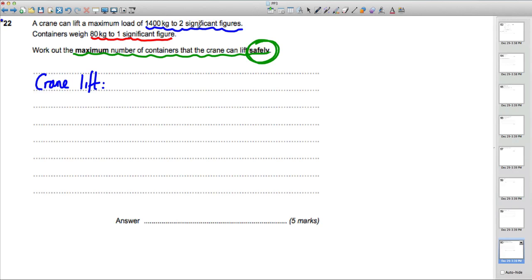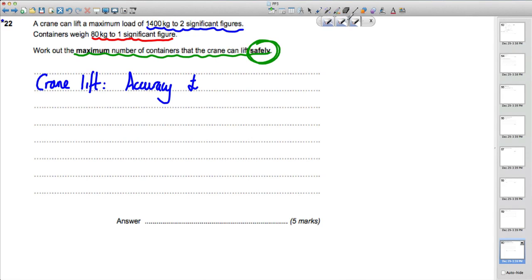Two significant figures means that the accuracy you're measuring is the second significant figure. The first significant figure is thousands, the second is in the hundreds column. Therefore, the accuracy is to the nearest 100 kilograms. So for the upper bound, you halve your accuracy and you add it on, 1450.